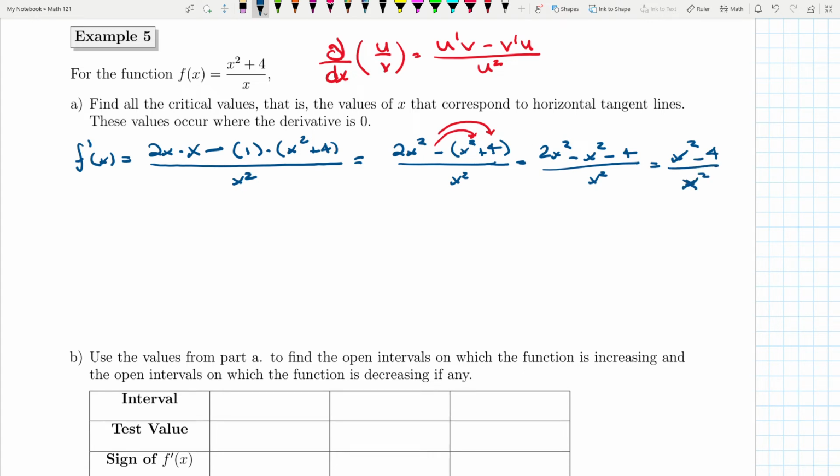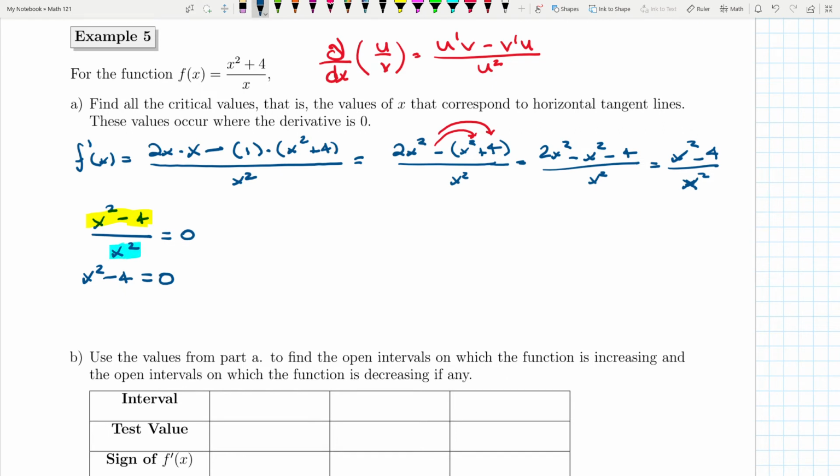I like this particular example because when we set the derivative equal to 0, that is x squared minus 4 divided by x squared, we will look for the values that make, number one, the numerator equal to 0, but also the denominator equal to 0.